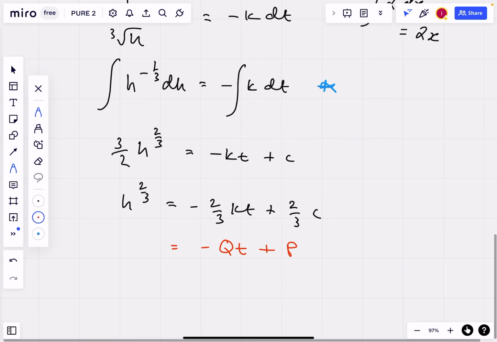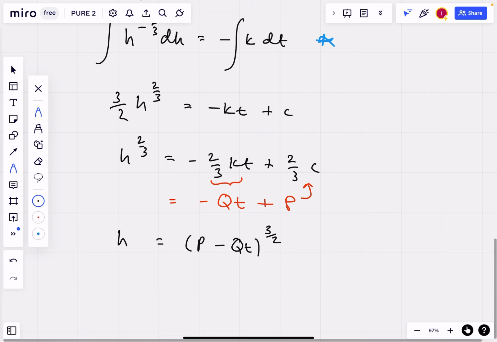Do you see? Where q is 2/3 of k and p is 2/3 of c. So h is equal to p minus qt all to the power of 3 over 2. Whoops, sorry, like that. There we go.